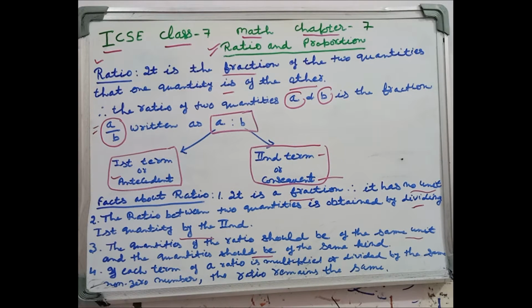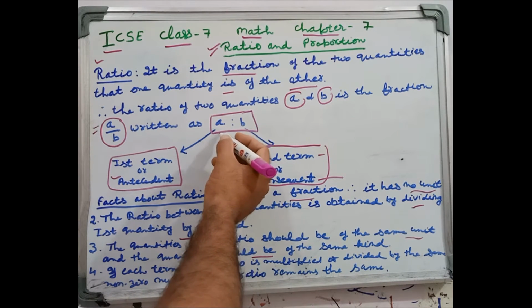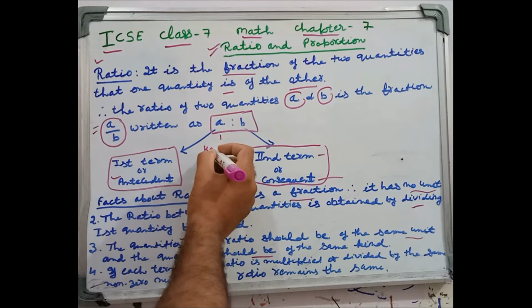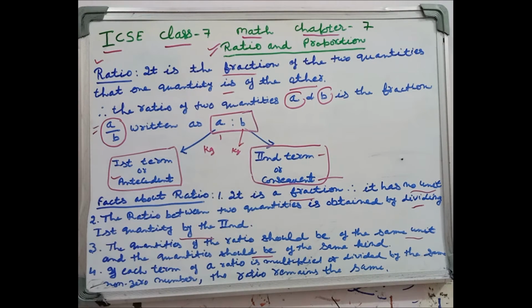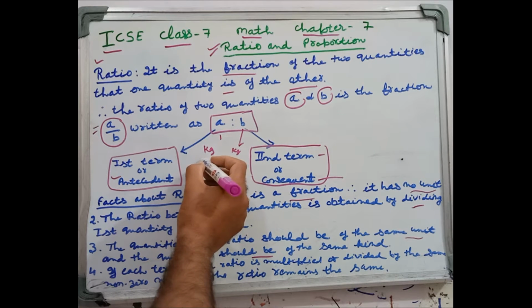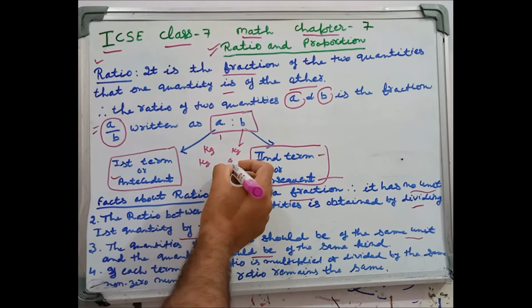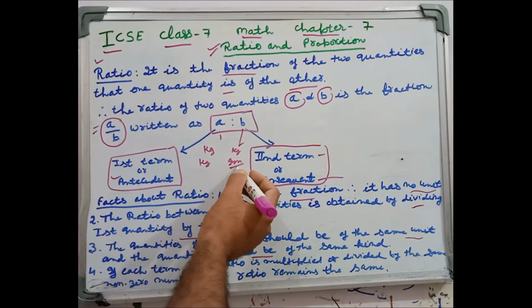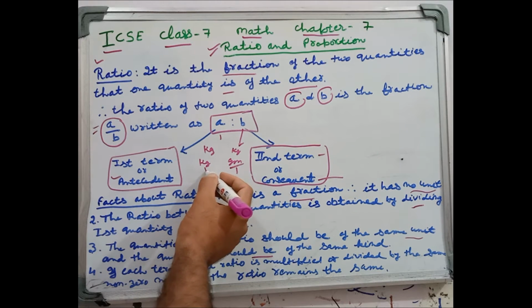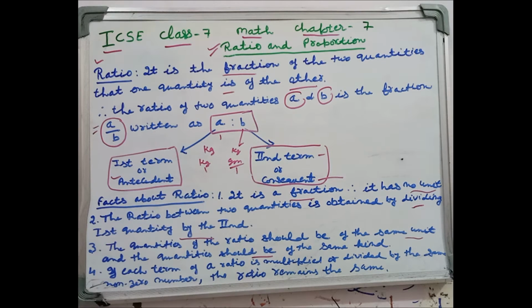So what does it mean? If the first quantity is given in kg, then the other should also be in kg. If one is given in kg and the other in grams, then you have to convert grams into kg or kg into grams, so that the units of both quantities are of the same kind.